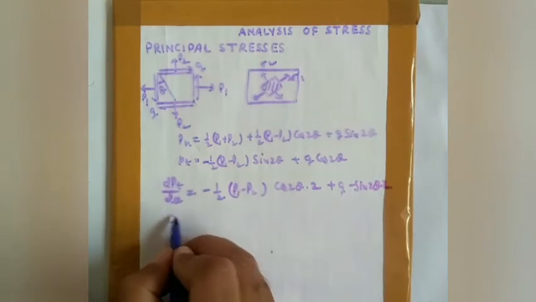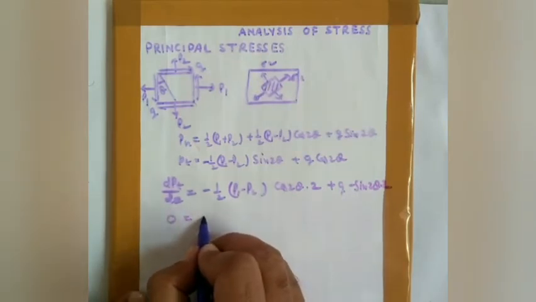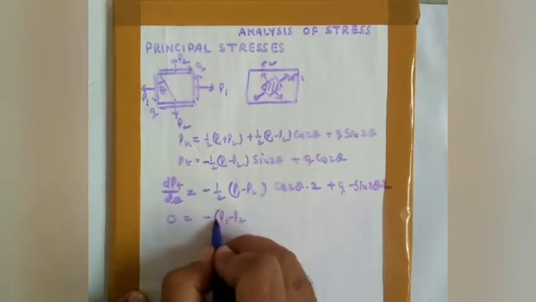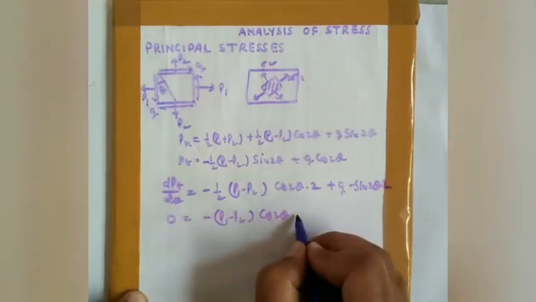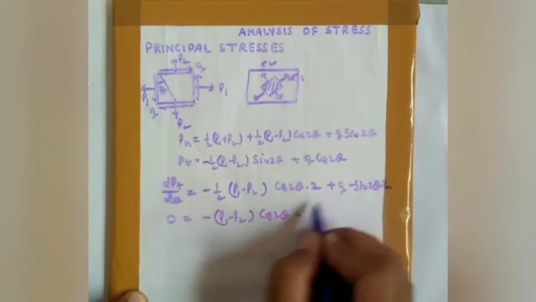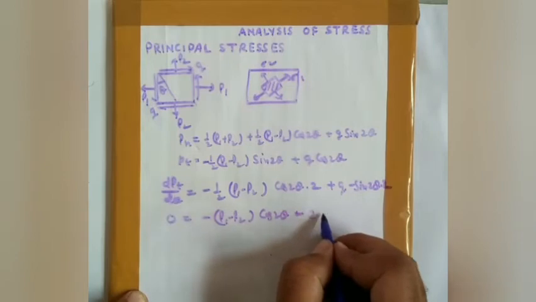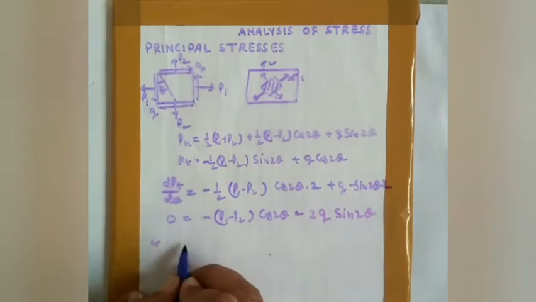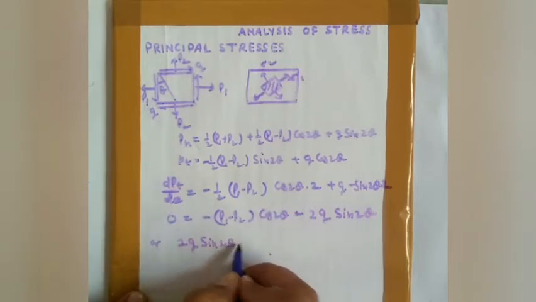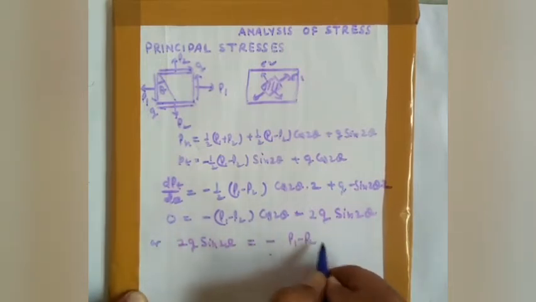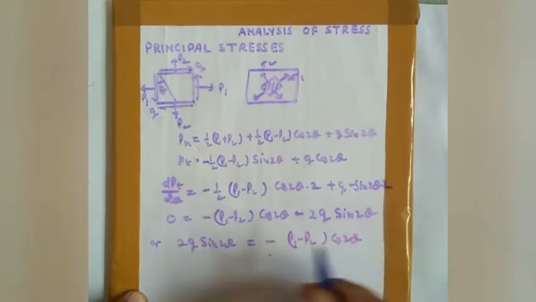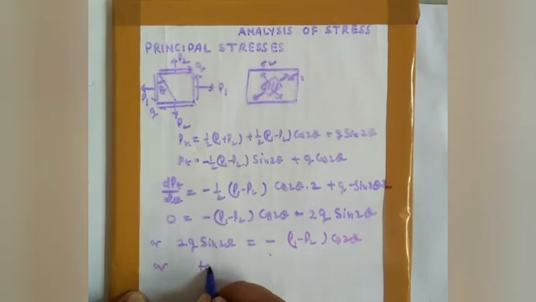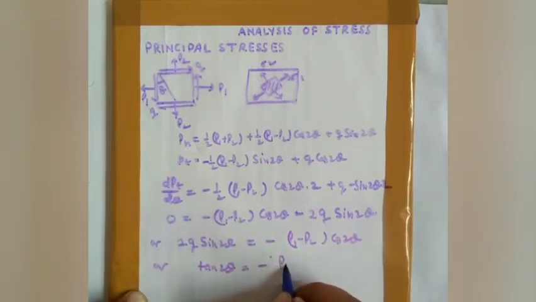Putting this equal to 0, we get minus (p1 minus p2) cos 2 theta plus, again this is also minus, 2q sin 2 theta, or 2q sin 2 theta is equal to minus (p1 minus p2) cos 2 theta, or tan 2 theta is equal to minus (p1 minus p2) by 2q.